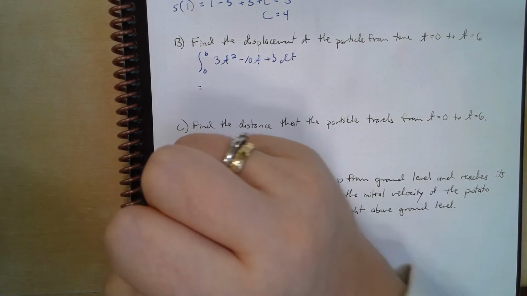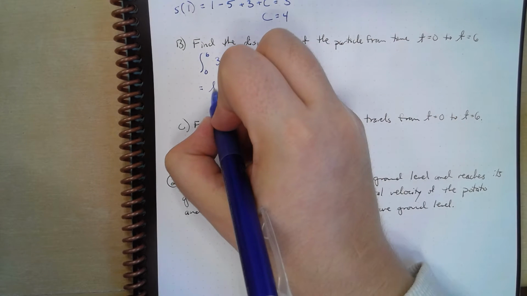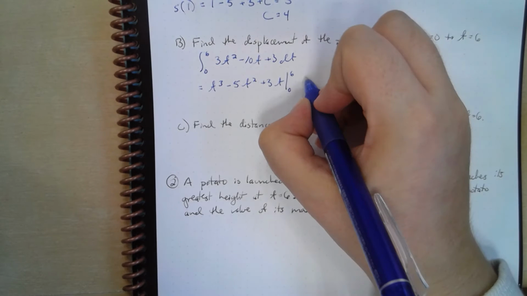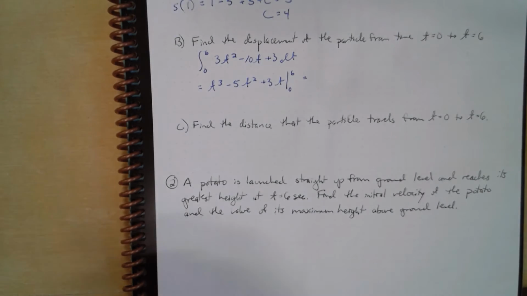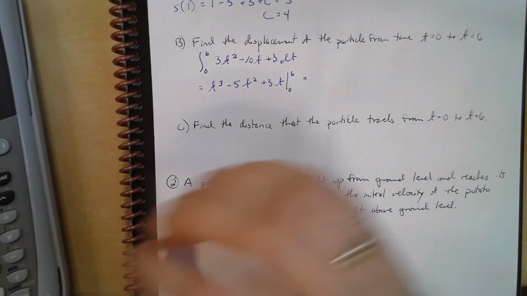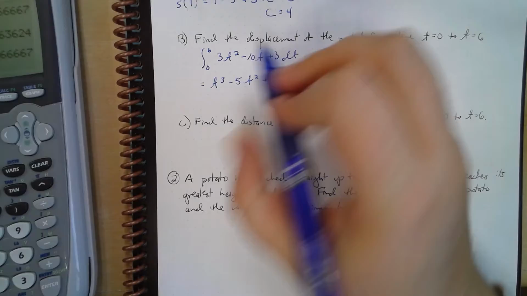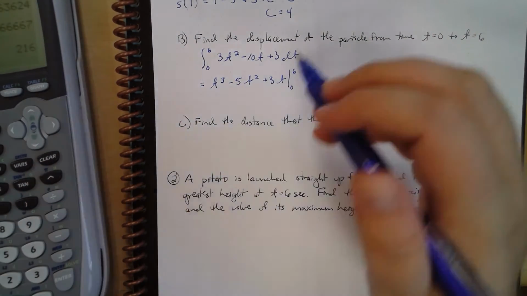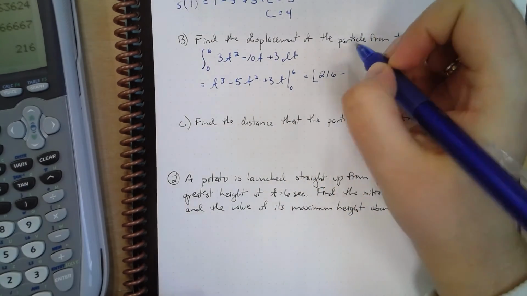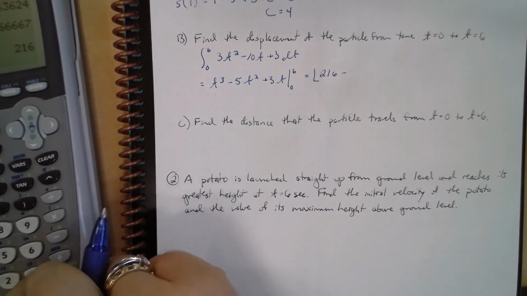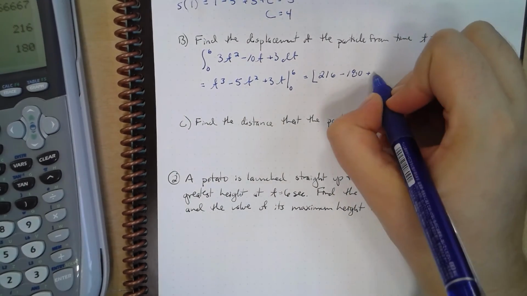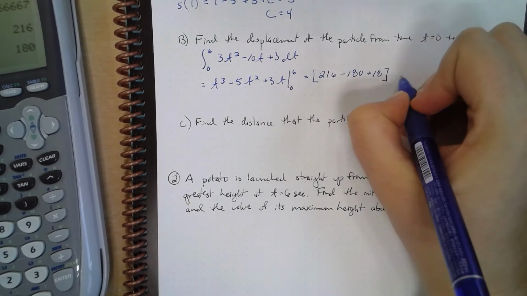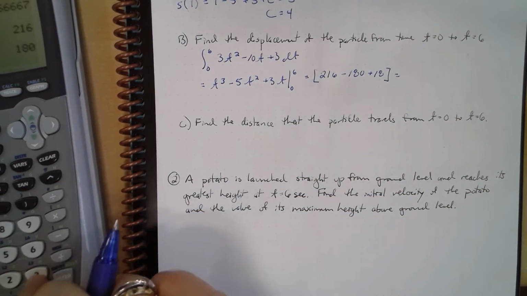So this is going to be t cubed minus 5t squared plus 3t evaluated from 0 to 6. So I'm going to get 6 cubed, which is 216, minus 5 times 36, which is 180, plus 18, and all the rest of that is 0.